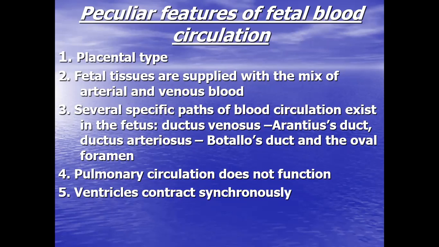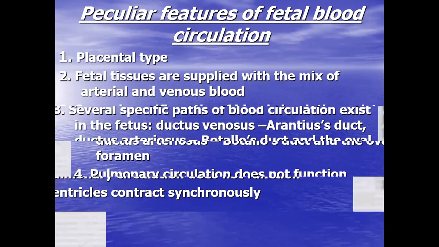Fetal tissues are supplied with a mixture of arterial and venous blood, as there are several specific paths of blood circulation in fetus, such as ductus venosus, ductus arteriosus, and oval foramen, and pulmonary circulation does not function, and ventricles counteract synchronously.